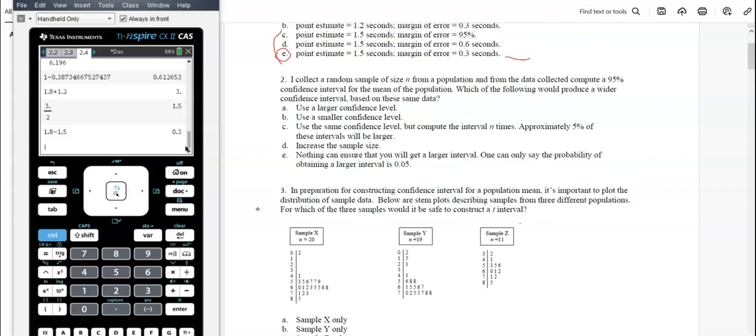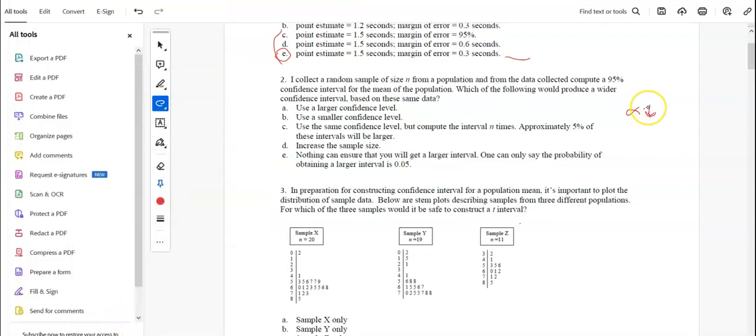Okay, I'm going to start with B here. Use a smaller confidence level. So if you think about when the alpha goes down, which probably produces a wider confidence interval. Scratch that for a second. Let's just check it.